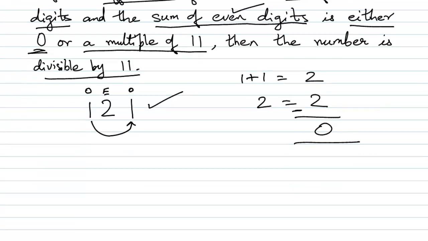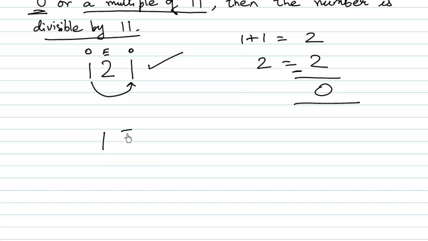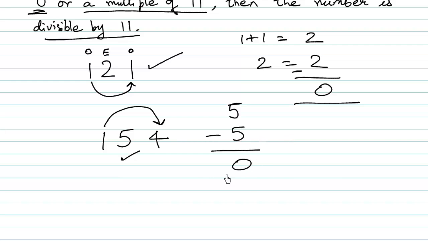Let's take another example. Let's take 154. So 1 plus 4 is 5, and this is the only even digit, 5. 5 minus 5 is 0. So 154 is also divisible by 11. Then let's take 1331.